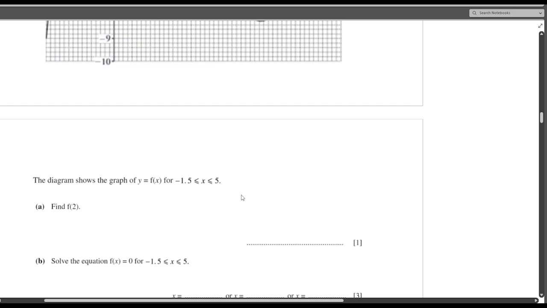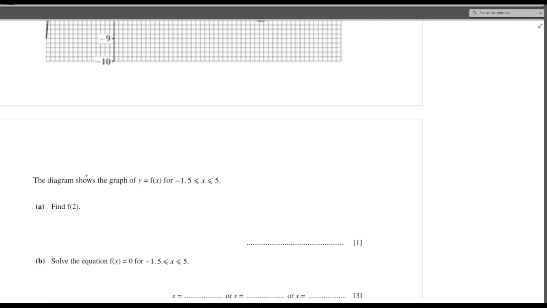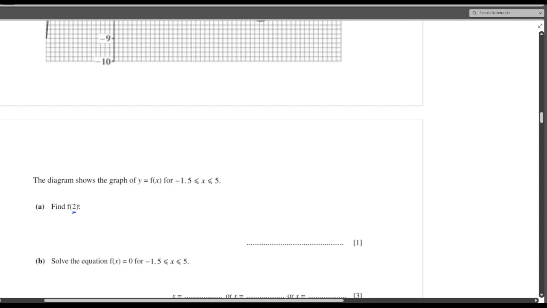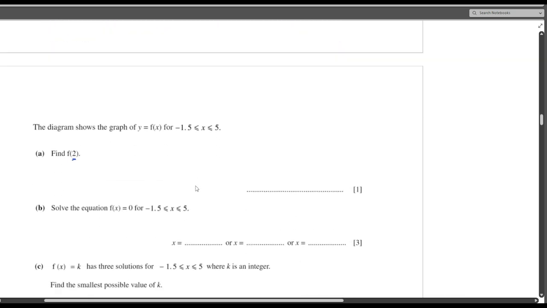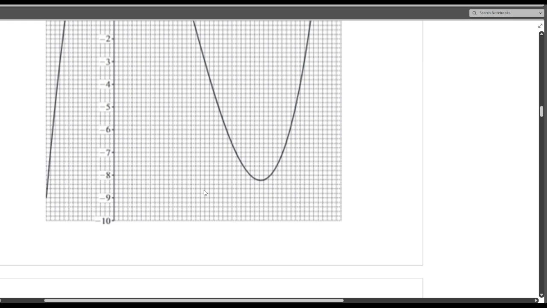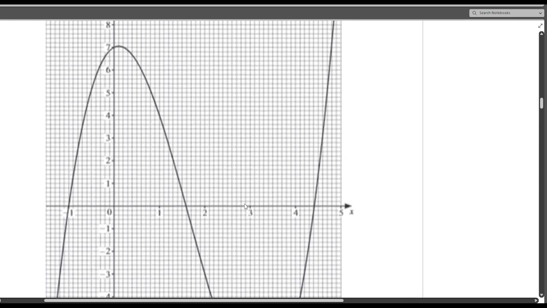This is a question with a graph, but some function part is also included here. Now this 2 is the x value, and f of 2 is the function value, the graph value, or I can say the y coordinate. So when the x coordinate is 2, I need to find the y coordinate.